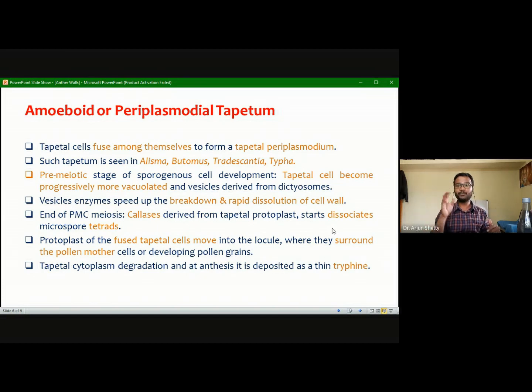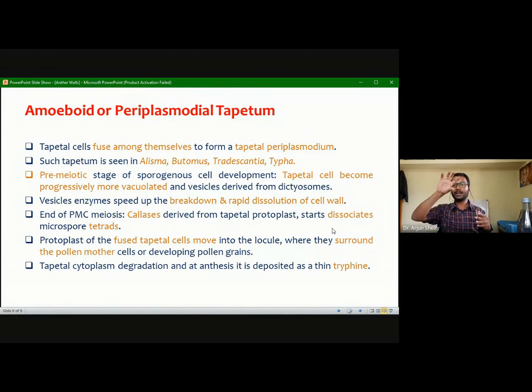At the end of pollen mother cell meiosis, as I already told you, when the meiotic division completes, the pollen mother cell is in a state of four-celled tetrad. All four pollen grains are attached to each other. This has to be broken down, and that is done by the callase enzyme.